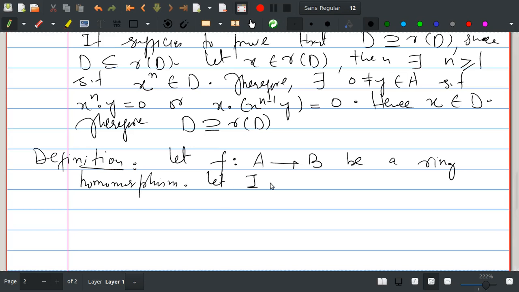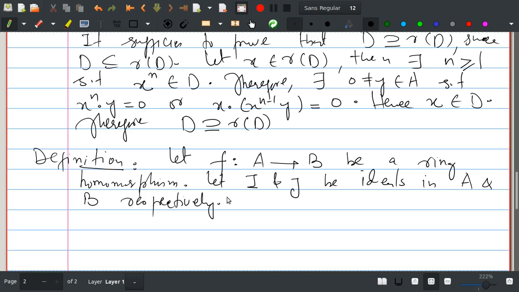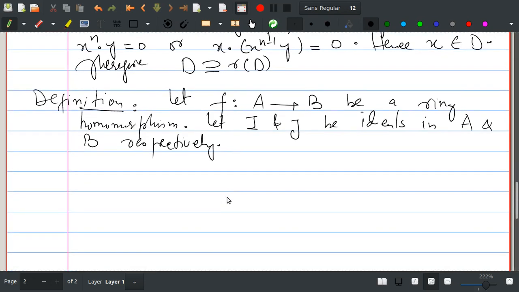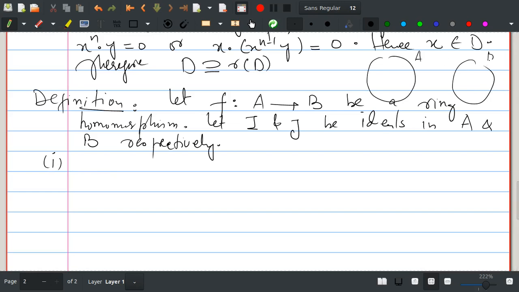Let I and J be ideals in A and B respectively. Then let us first define the contraction. So this is over ring A and this is over ring B. This is the ideal I, this is the ideal J here.